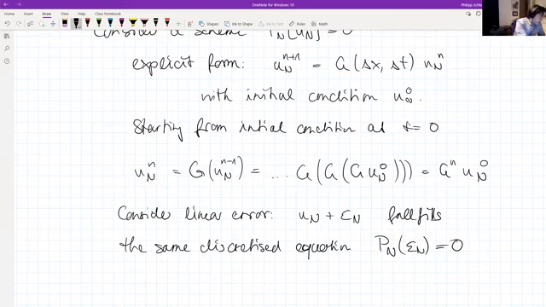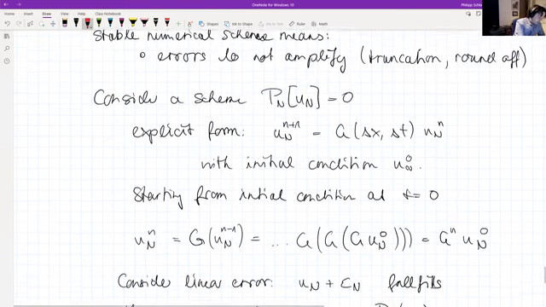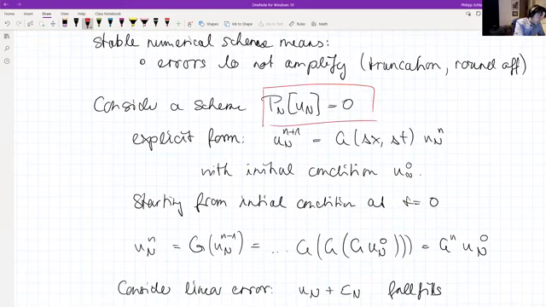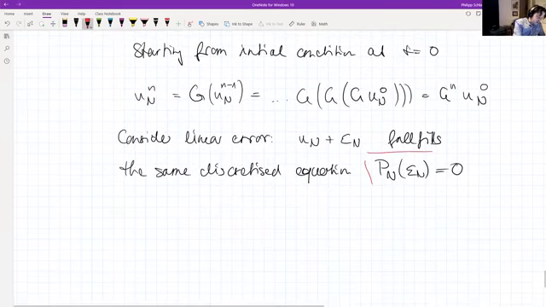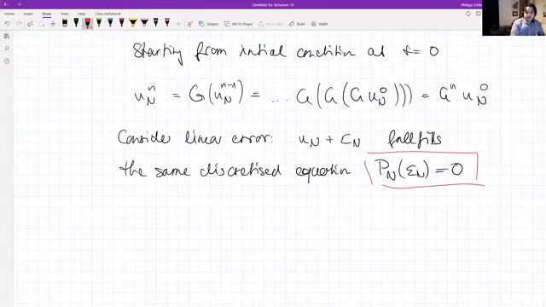So it's not just my numerical solution, but also the linear error that I add to it solves the same propagation through the time steps.